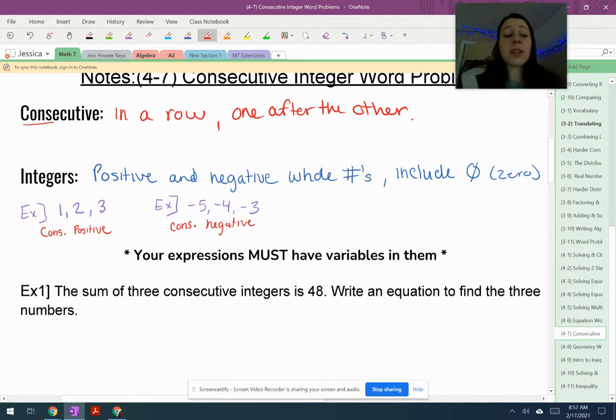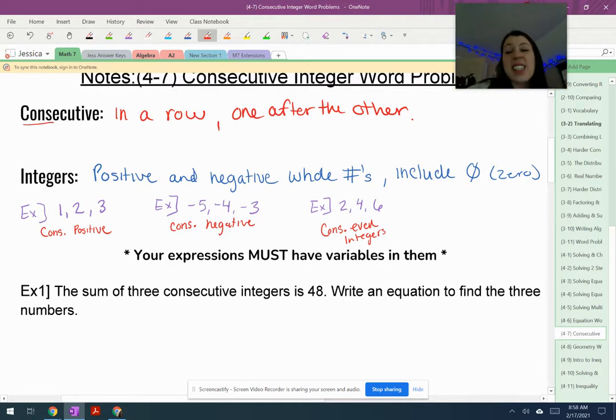Eventually, these problems are going to start to talk about things like consecutive even and odd numbers, and that's going to be a bit of a difference too. If you look at the numbers 2, 4, and 6, these are consecutive even integers, skipping those odd numbers in between.